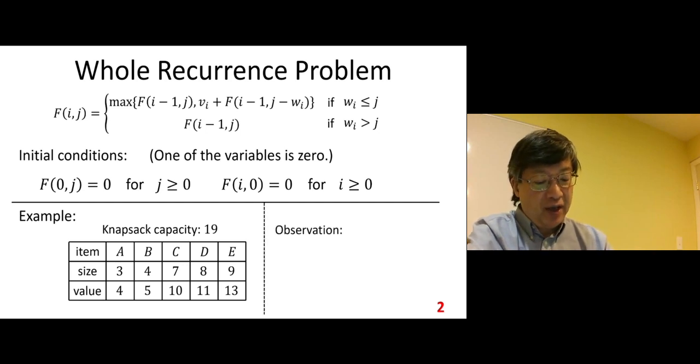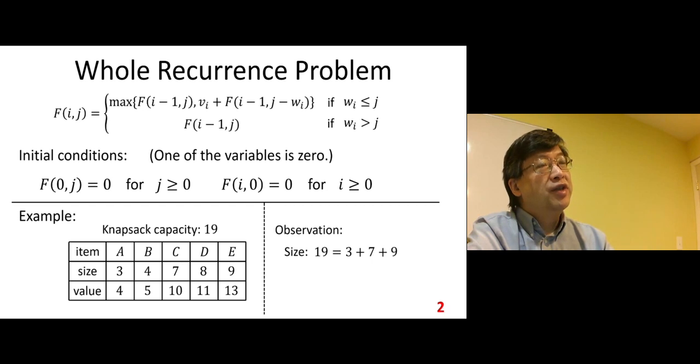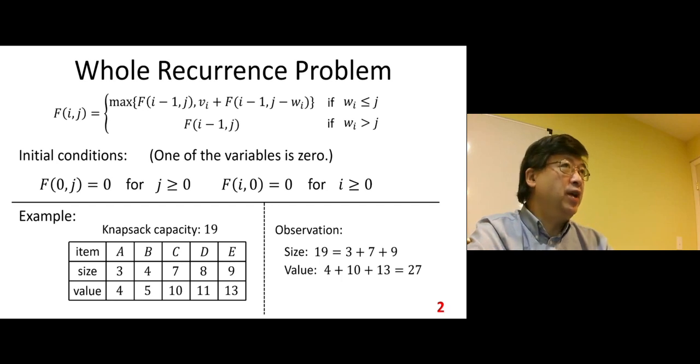The size is 19. Can we pick? We can easily pick: 19 equals sizes 3 plus 7 plus 9. The corresponding values 4 plus 10 plus 13, 27.